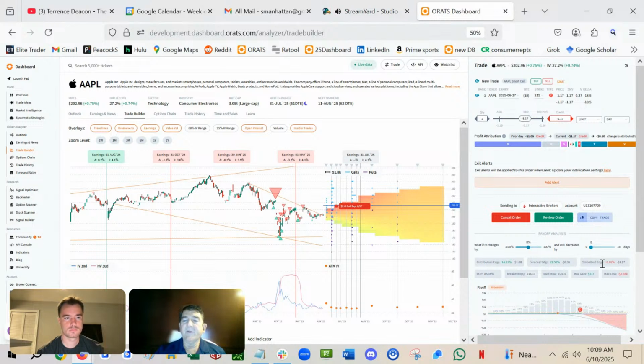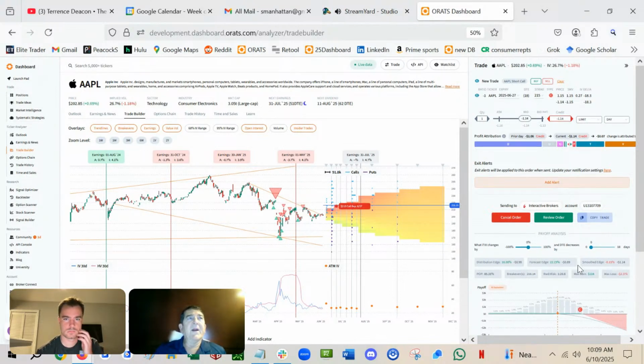Now the smooth edge, that's just what we draw through all the relative strikes. So that's going to be generally much closer to the mid market, whereas the distribution and especially the forecast often will be far away. That's the way we designed it.